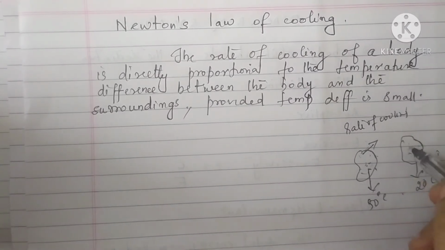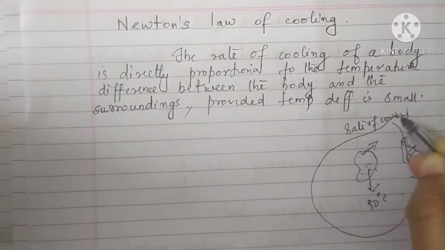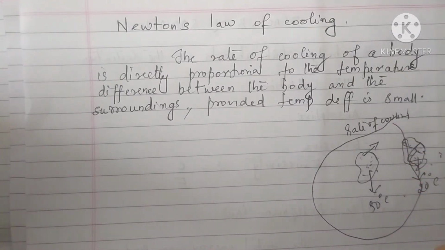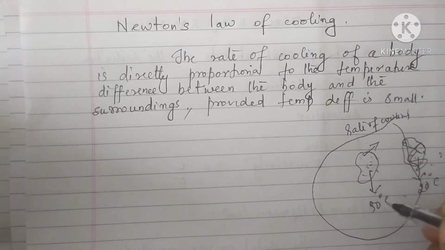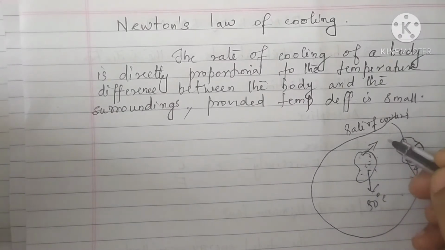Suppose a body is like this and it is kept somewhere, what will happen? After some time it starts to cool, isn't it? That means its temperature will get reduced. There is transfer of energy from this body to the surroundings.